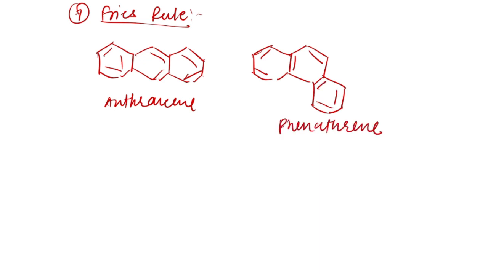Anthracene has 2 benzenoid forms. Phenanthrene has 3 benzenoid forms.